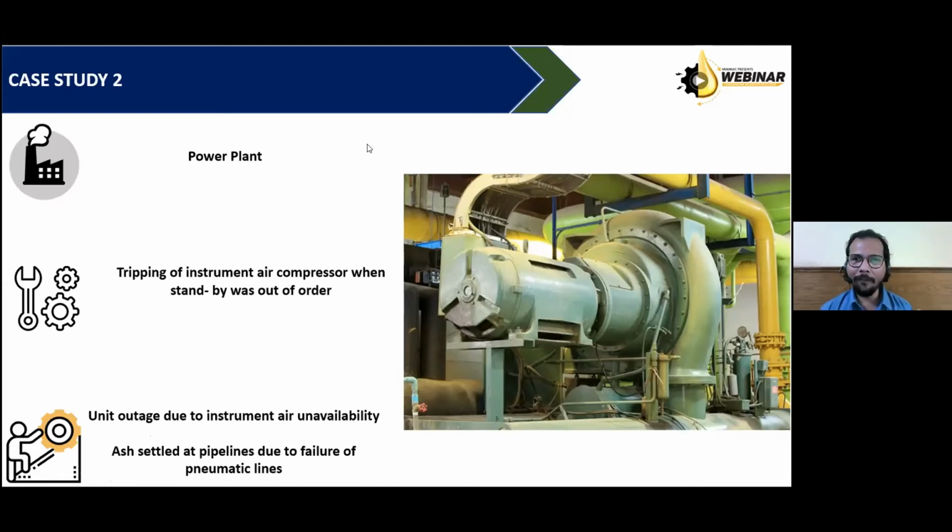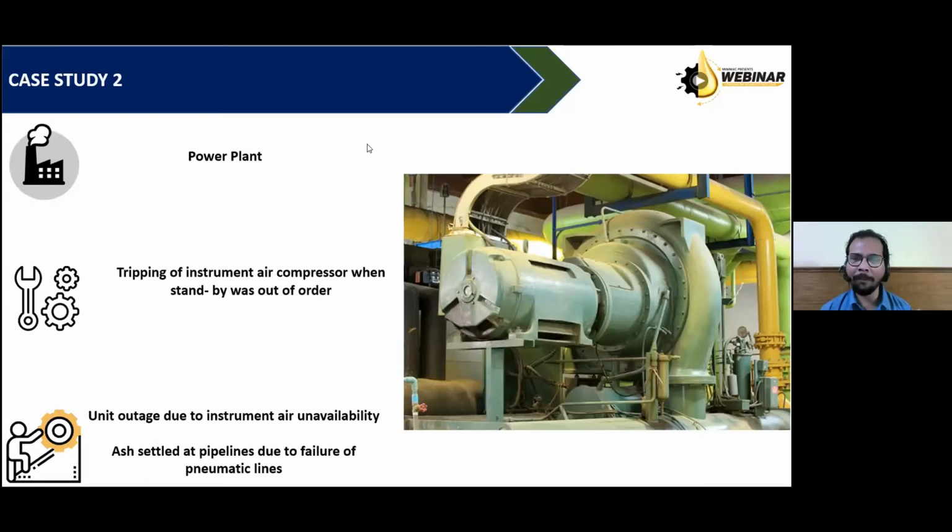This compressor was used to supply instrument air to operate various pneumatic valves in the air handling system as well as the main plant BTG. Suddenly one compressor tripped on high air end temperature, and the standby compressor was out of order.